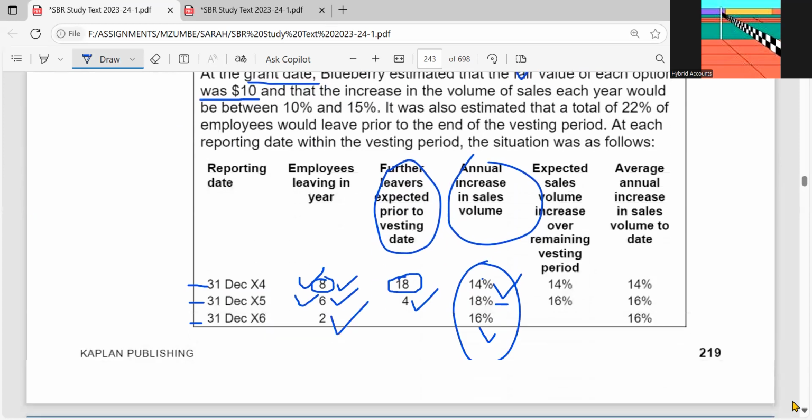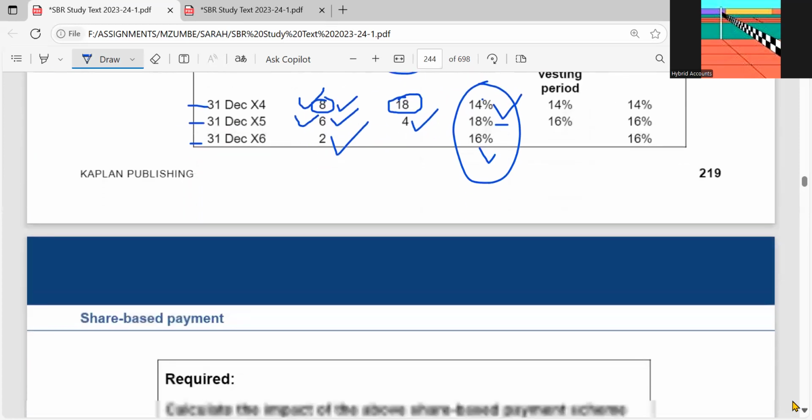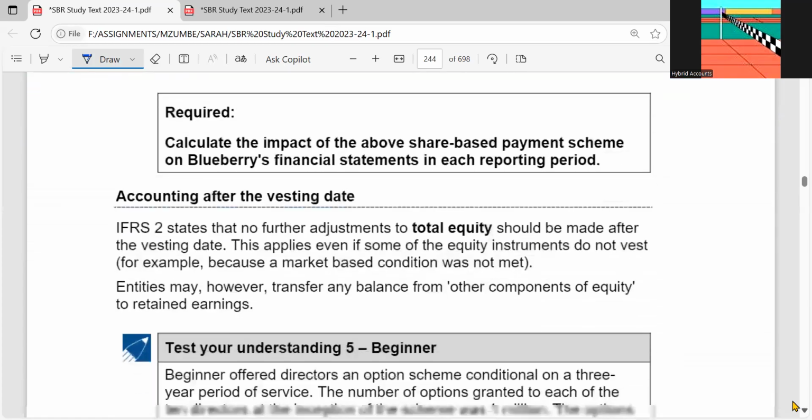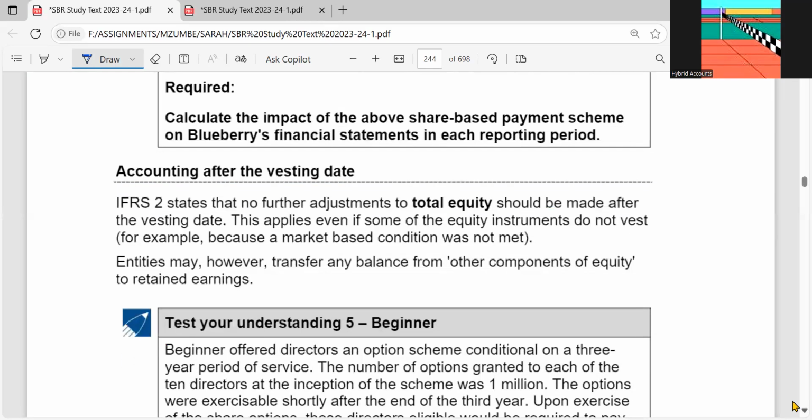Let's pull up our socks to finish up with the equity settled share payments. What about after the vesting date now? I told you, you account from the grant date, and then you go on through the vesting period, and at the vesting date you finalize.